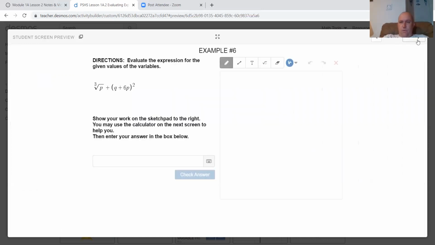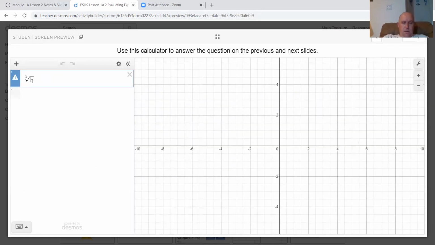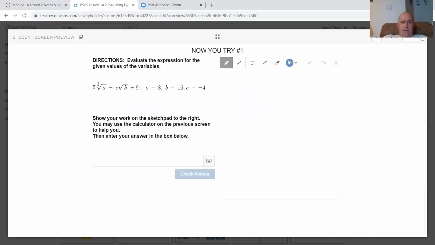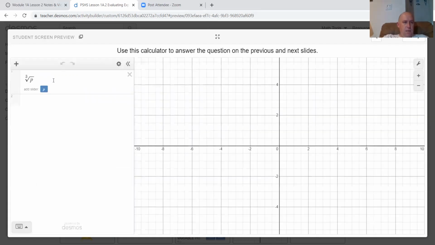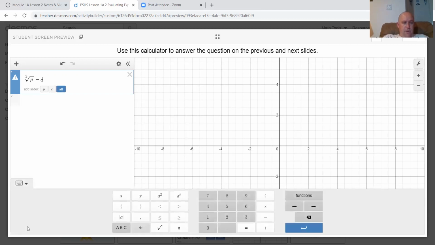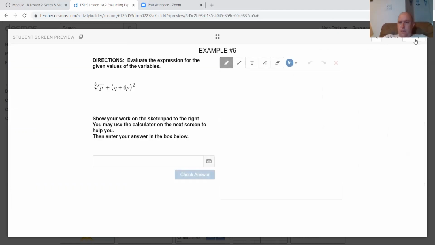As this one was the cube root of p, I'm going to type in cube root of p. And for the second half, it says minus c square root of b. So let me click to the side, minus c square root is down here in the Desmos keypad, and b. Press the right arrow key, and oh, what was I doing?